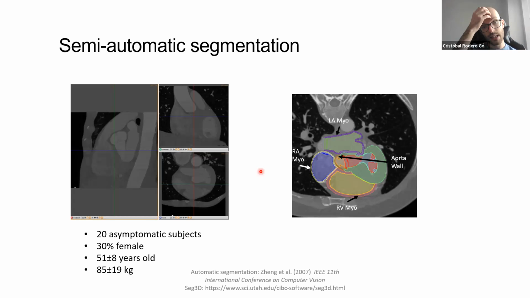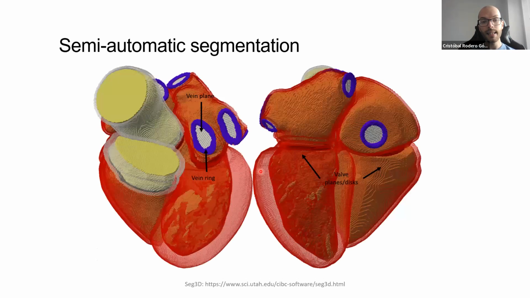We did all this in the software Sec3D. It's an open access software, and the idea is to use some Python scripts to automatize as much as possible. This is how it looks in 3D. This is just the segmentation, stacked one on top of the other. Besides the main chambers of the heart, we have the aorta here in yellow, and the pulmonary artery here.